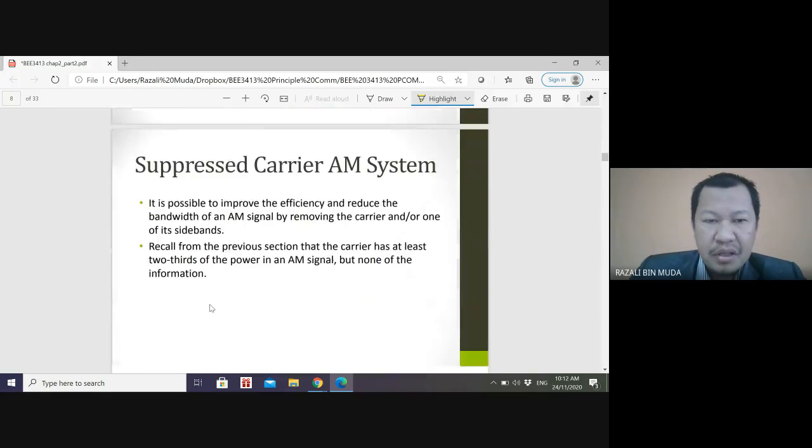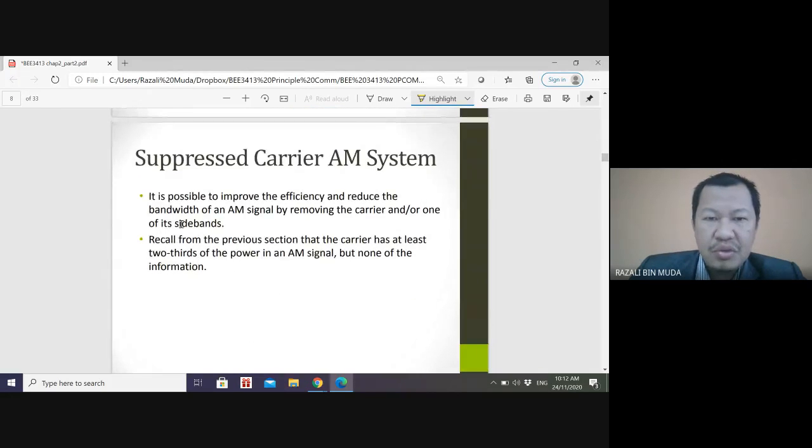Okay. First, how to solve? They propose a suppressed carrier system of AM. Suppress the carrier, remove the carrier.